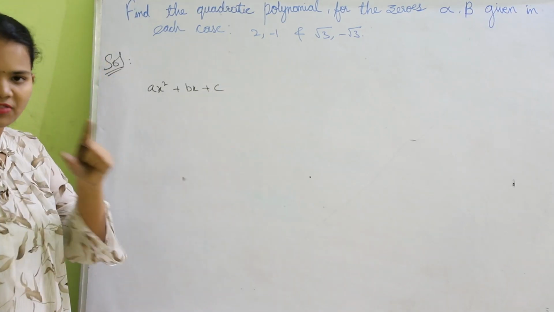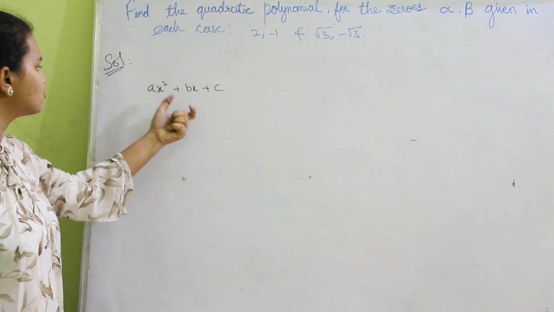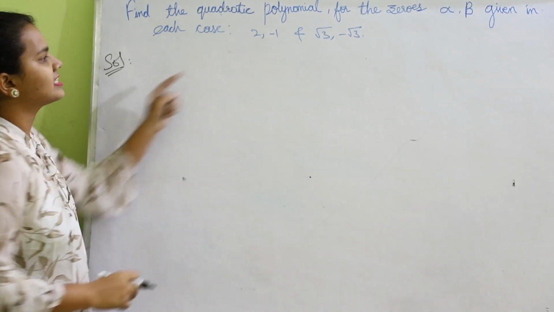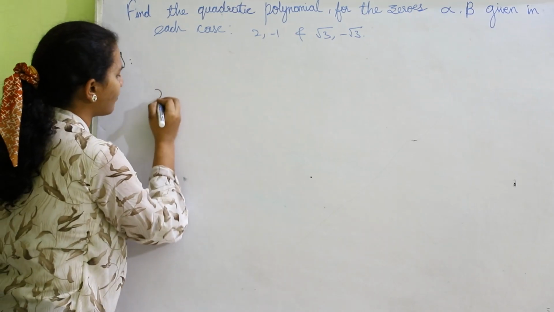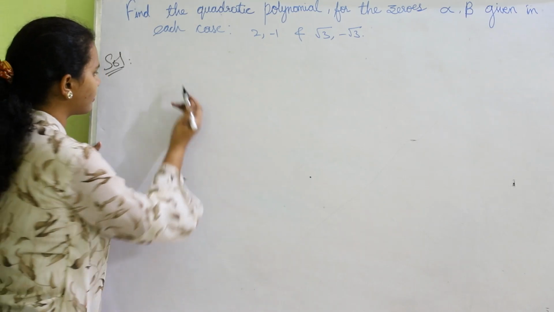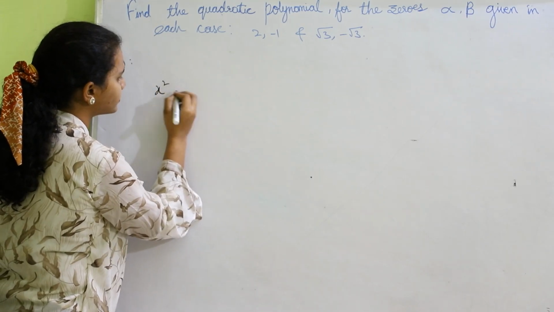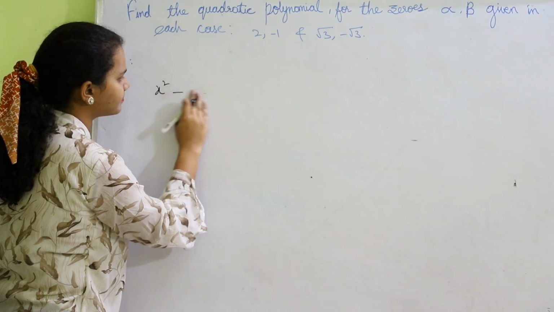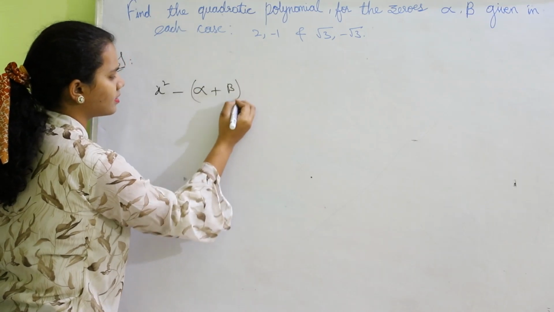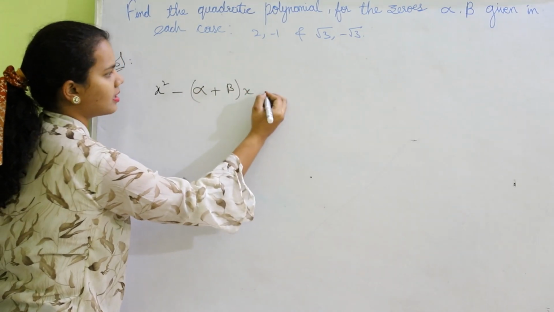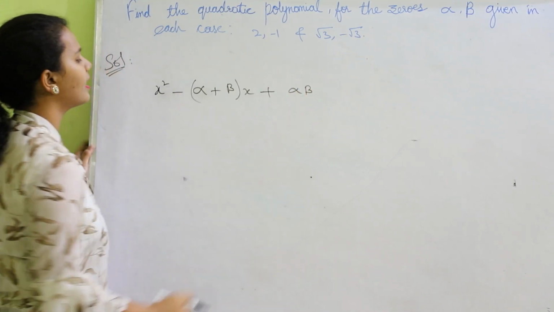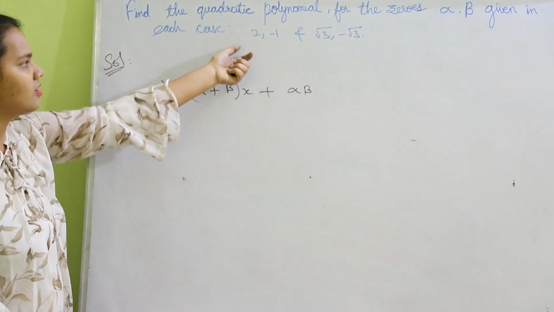To find this type of polynomial we will use a formula: x square minus (alpha plus beta) x plus alpha into beta. By using this formula we will solve the given sum.